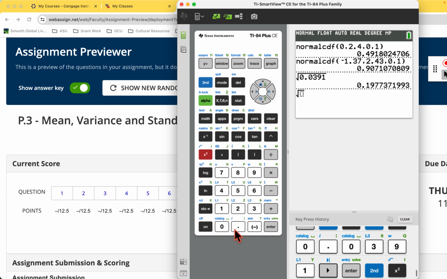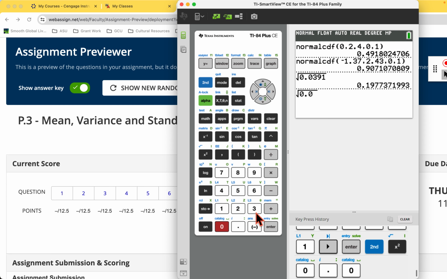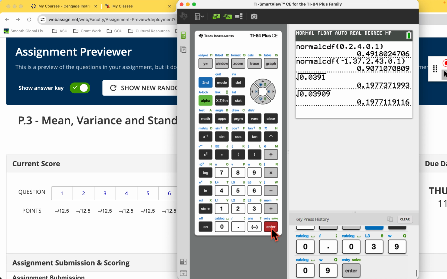Square root of 0.03909. So that's 4 decimal places, 9. I think we're going to be close enough with the rounding. It's still 0.1977. But notice in the 5th decimal place, it's only a 1, not a 3. So you could get it where that 3 might have been a 5, which you would have to round up, right?